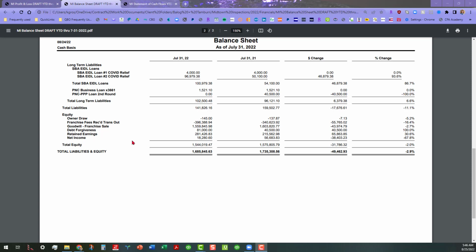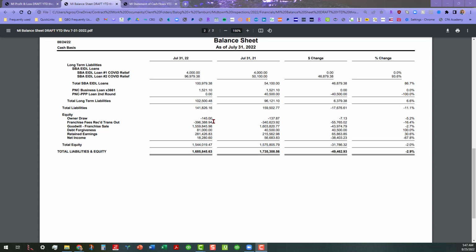As you can see, we collected franchise fees from the franchise owners, but the owner in this case is transferring those out into his personal savings. So year to date, he has transferred out $396,388.94.